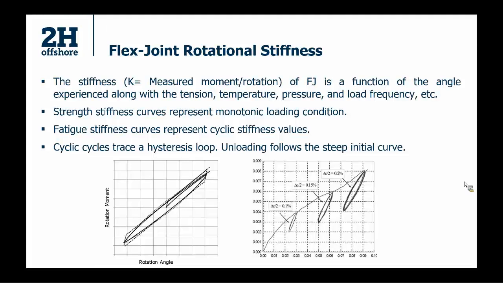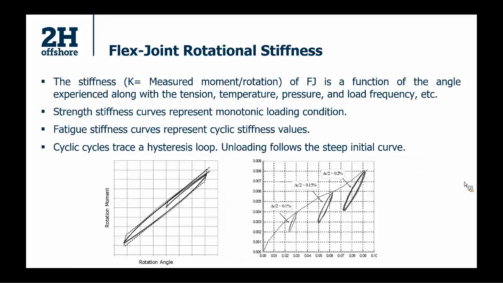The stiffness change due to temperature and pressure variations is pretty much averaged out throughout a 20-30-year design life. Flex joint strength stiffness represents the monotonic loading condition, while the fatigue stiffness represents cyclic loading. So most of the time, you will likely see a strength stiffness curve and a fatigue stiffness curve.